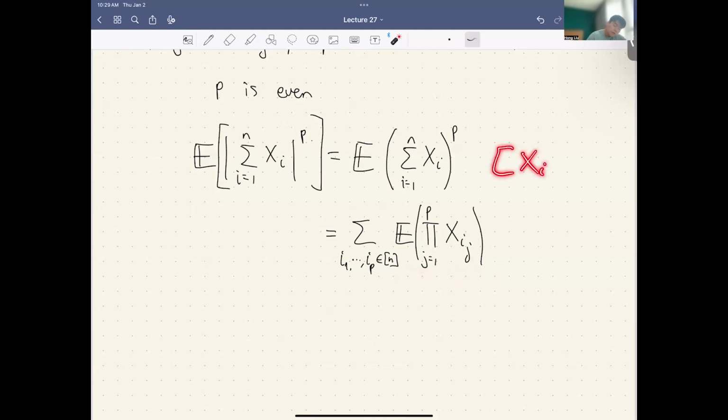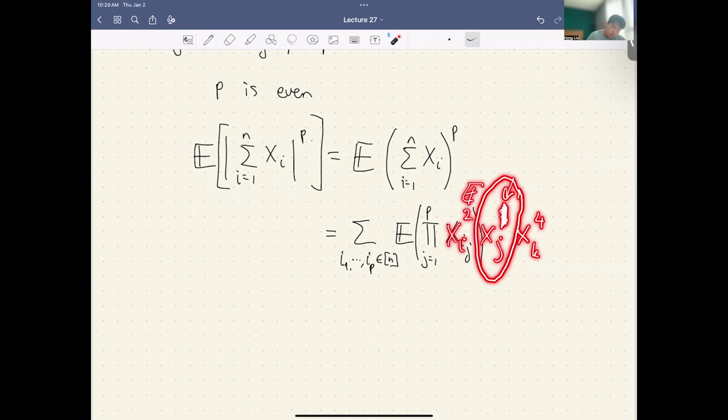Each random variable is centralized so that the mean is 0, and xi, xj are independent of each other. So whenever you can write this as some xi to some power, xj to some power, xk to some power, whenever you see a power being 1, because of the independence, we can split this out from the expectation.